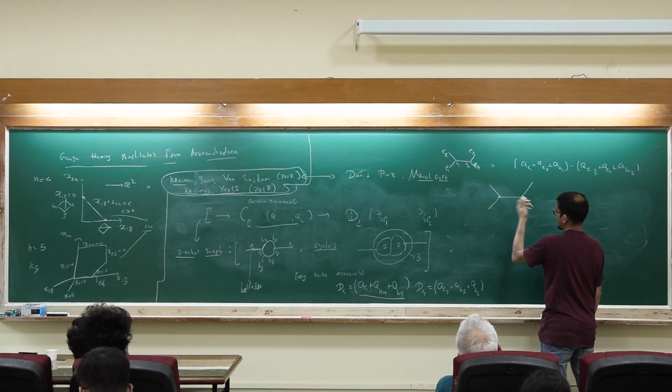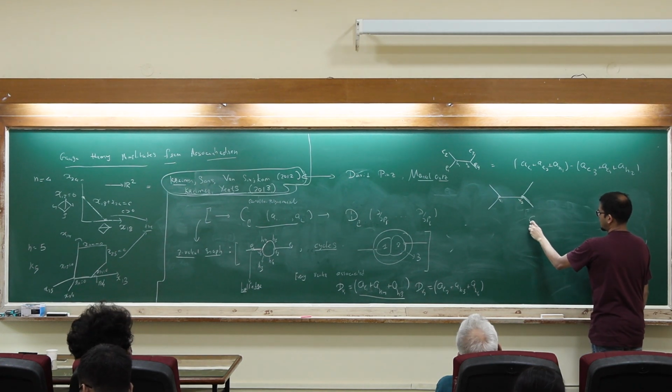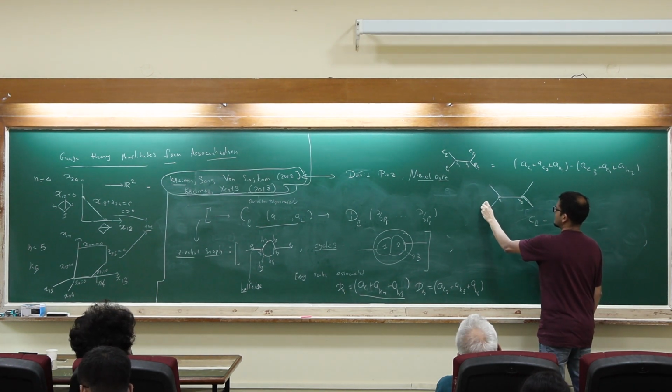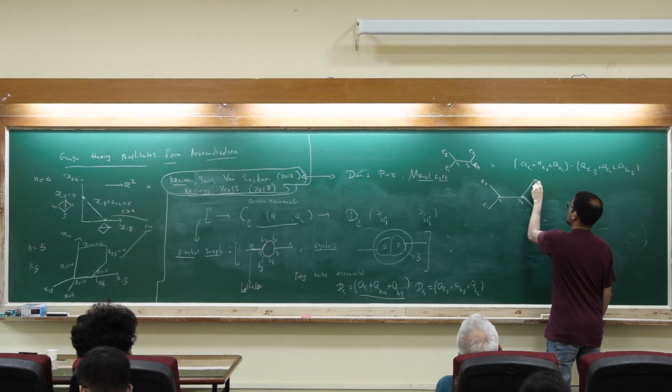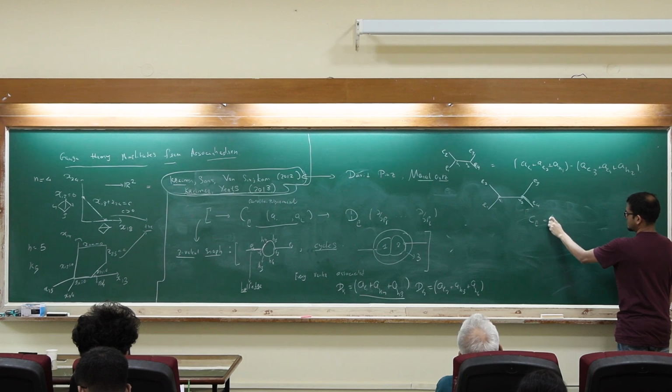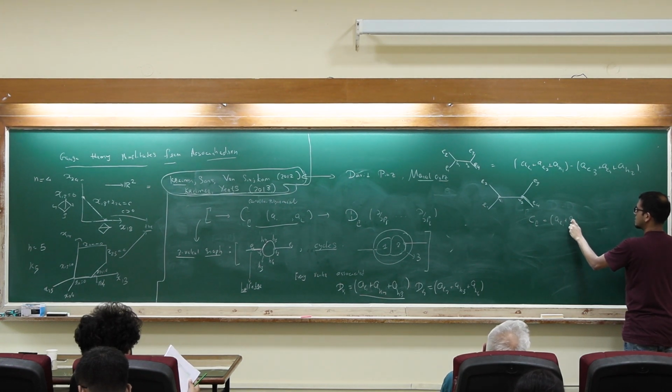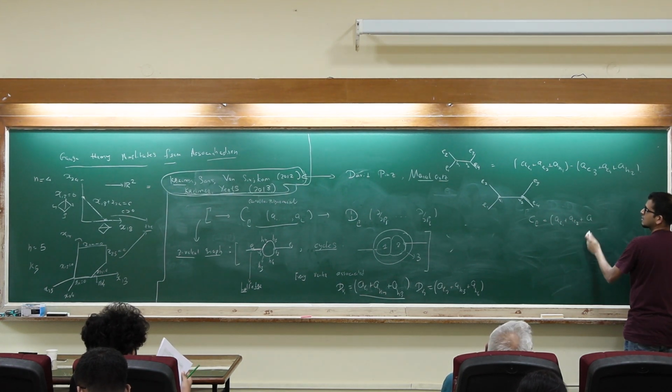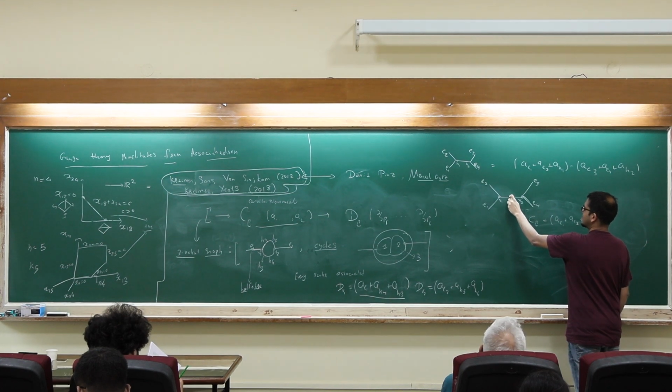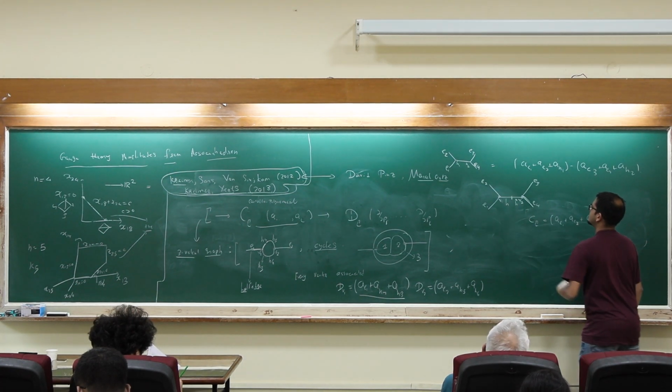So as we saw, the abstract Corolla. Let me write it down. Let's call this H and call this H prime.